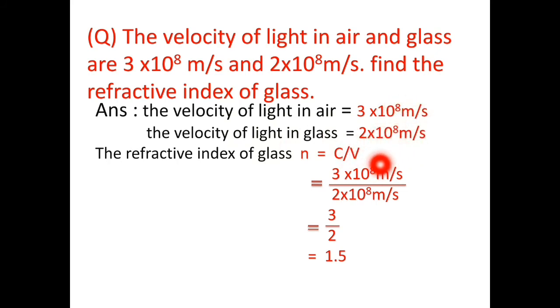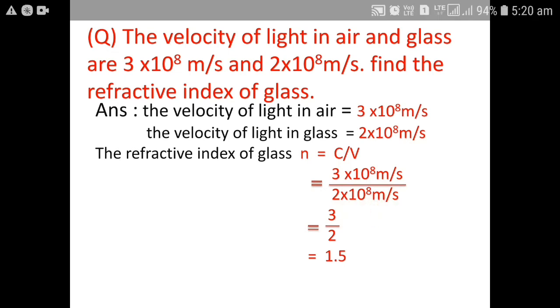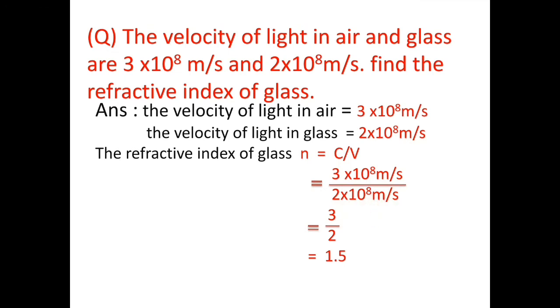Substituting these two values, we get 3 into 10 to the power of 8 meters per second by 2 into 10 to the power of 8 meters per second. So here we get 3 by 2, that is equal to 1.5.